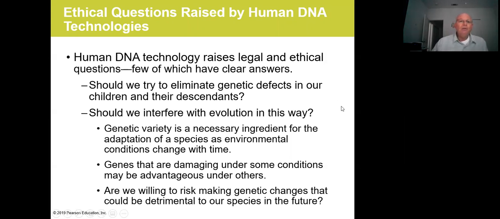Right now, all the changes that we make are only for the individual that has the genetic defect. There is no attempt to fix that defect so that it will not be passed on to the next generation. So whether it be a bone marrow replacement, like my student, he can still pass on the sickle cell allele to his kids because it's still present in his germ cells.